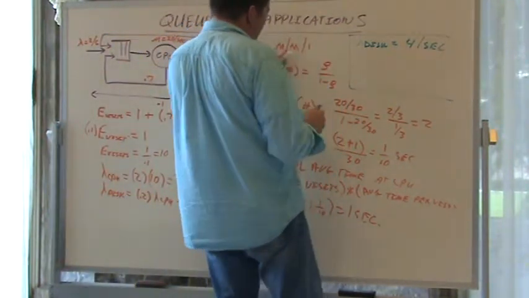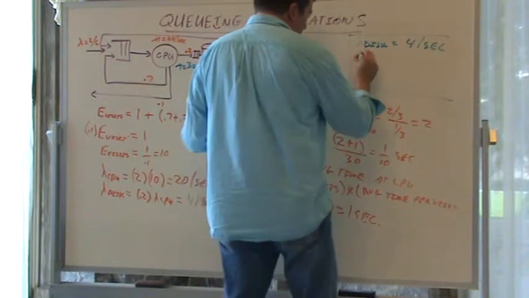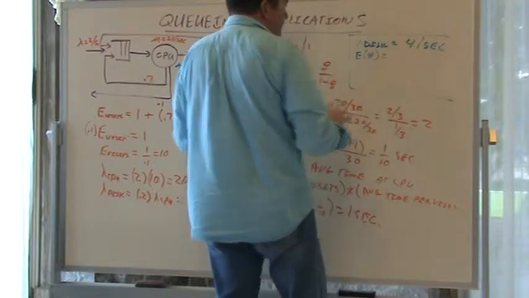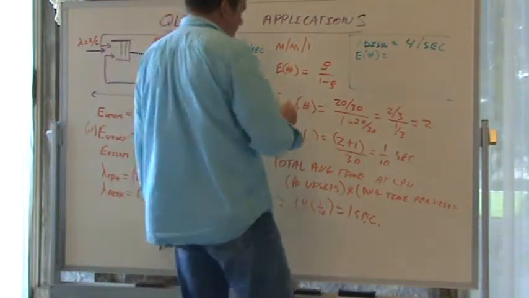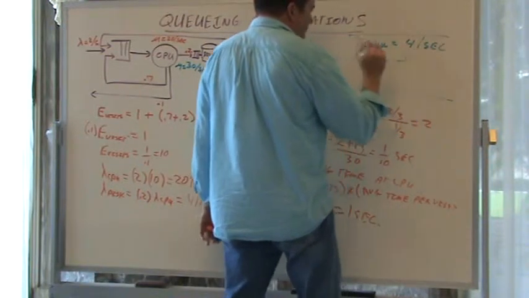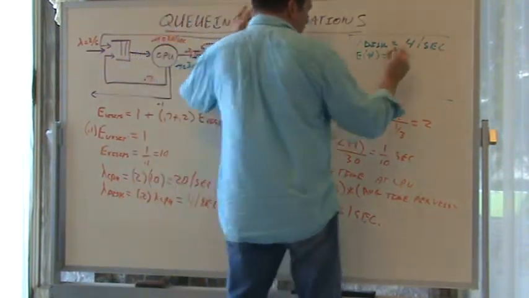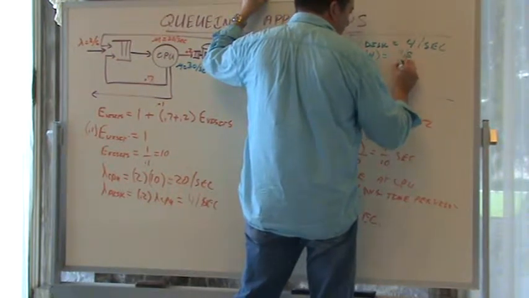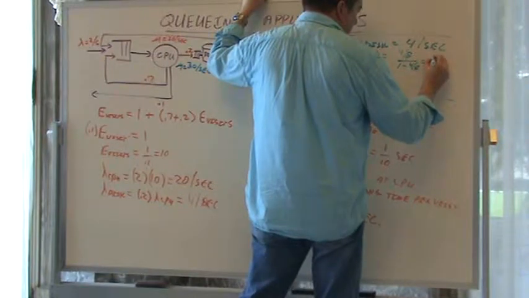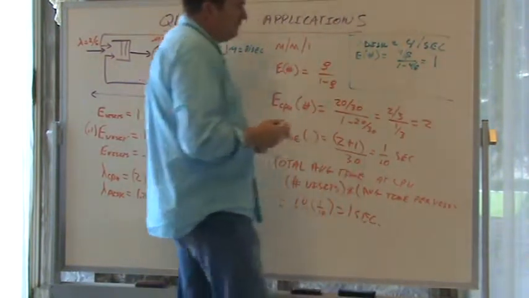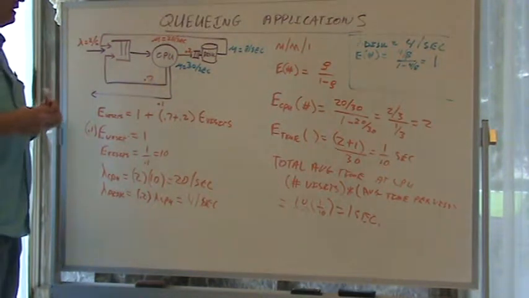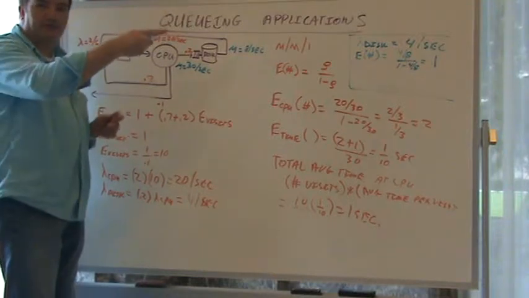So since it's an M/M/1 queue, the expected number in the queue at a random point in time would be 4 over 8 divided by 1 minus 4 over 8, which is 1. A half divided by a half is 1.